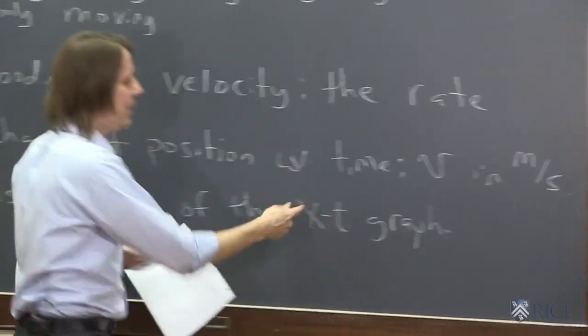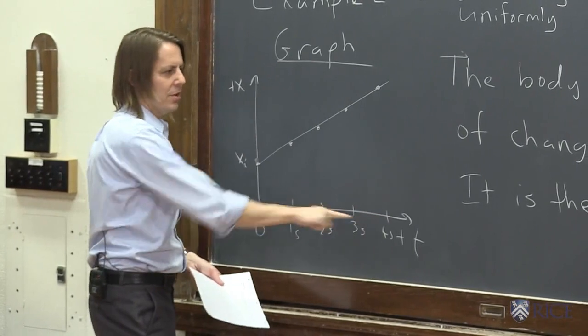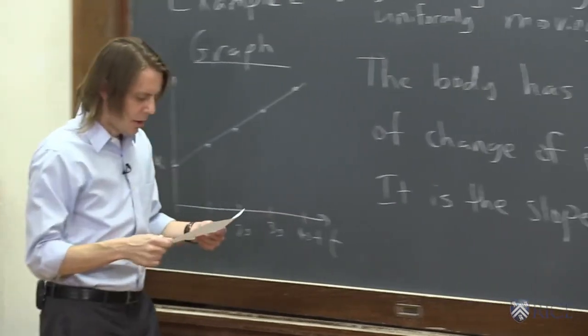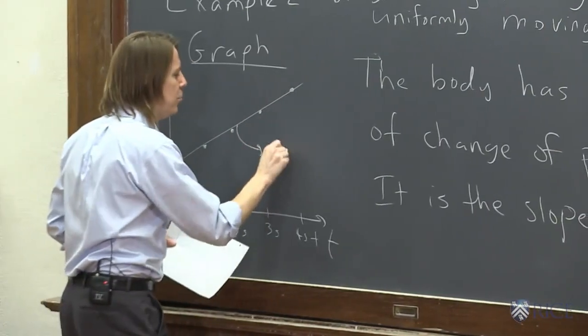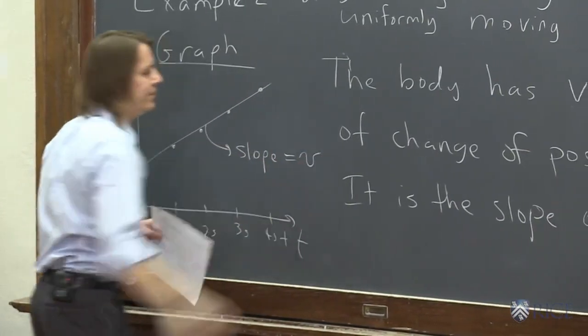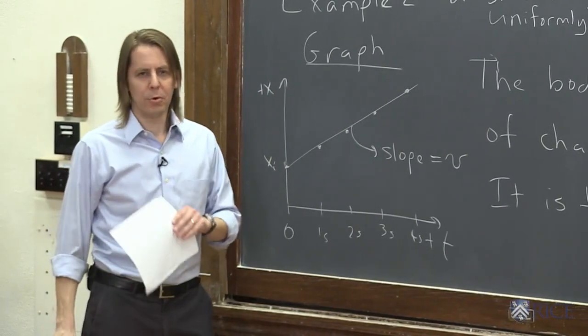And by that I mean the kinematics plot that you make, or the graph you make when you put t on the horizontal axis like you always do, and you plot position on the vertical axis. Right? So if we were to take this line and find its slope, that would be equal to v. Okay? So now next we'll move on and do this a little bit more mathematically.